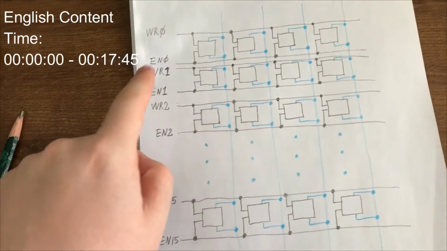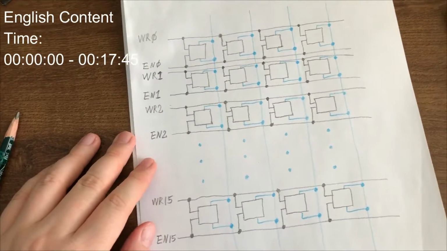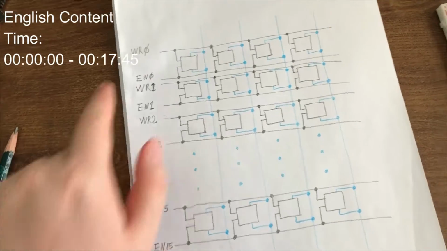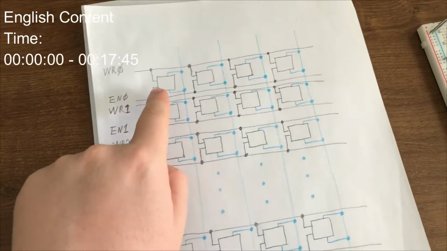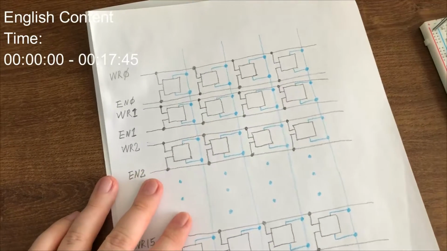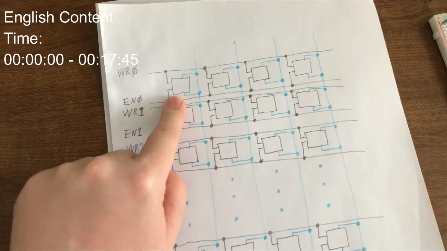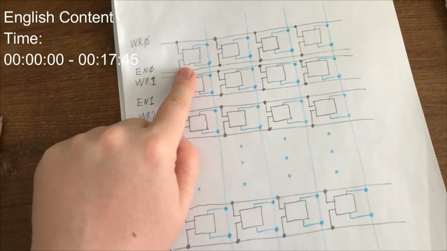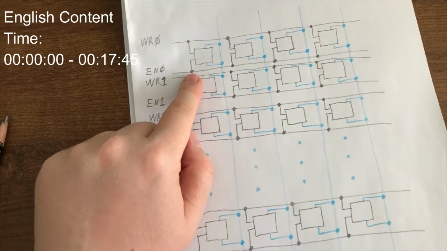In every row and in every line, we have these storage parts. This is made with flip-flops, which we explained in the last 3 episodes.